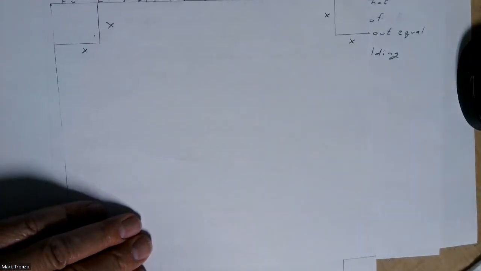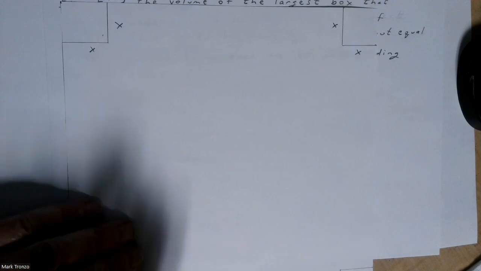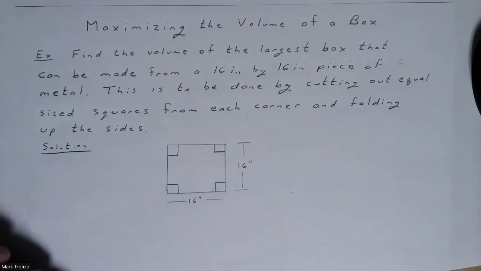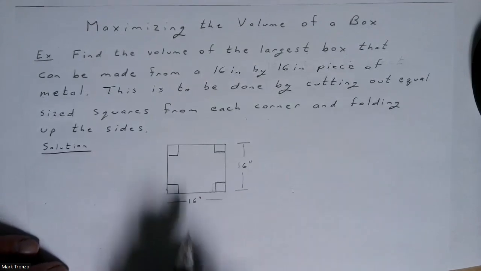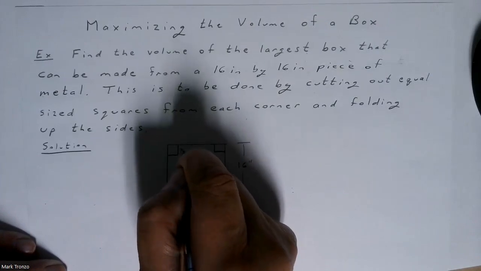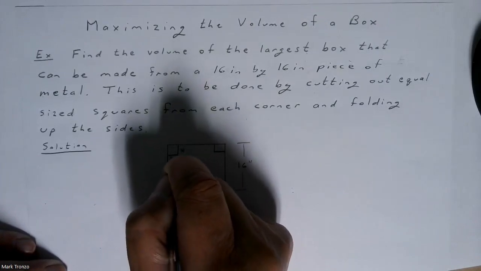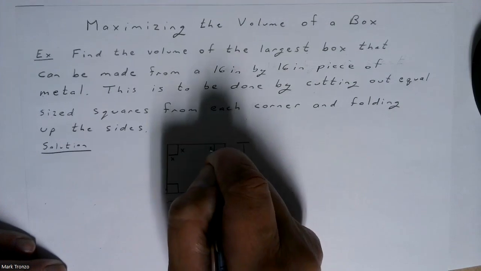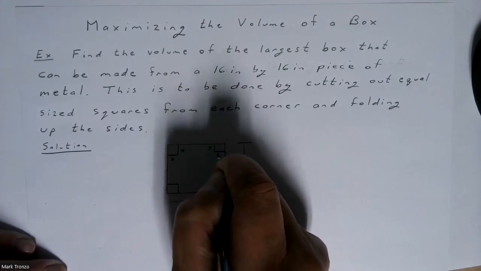So we're going to find the volume by cutting out a square that size and folding up the sides and making a box out of it. So the original piece of sheet metal is 16 by 16, and we're going to cut squares out of the corner. As I mentioned, we can call the dimensions of those squares x by x.